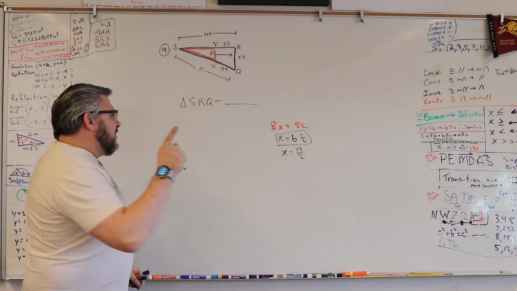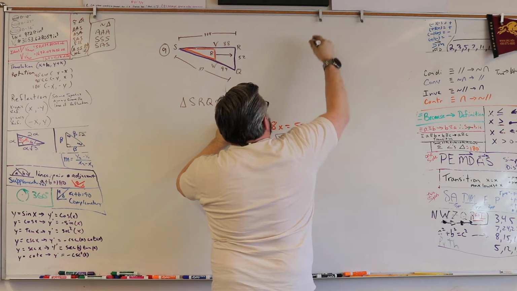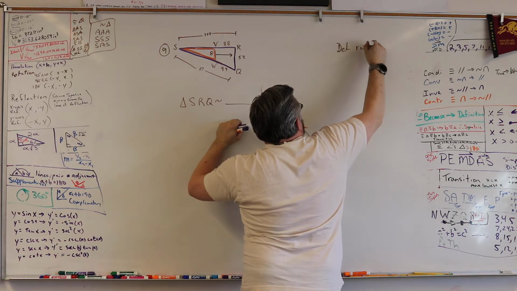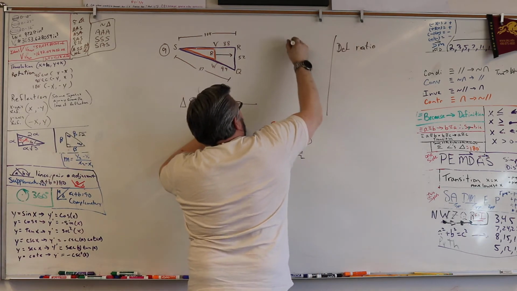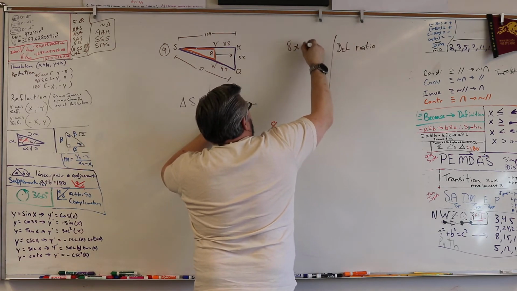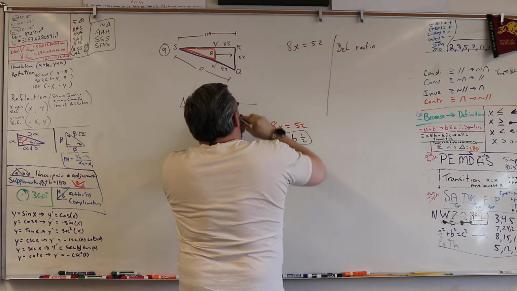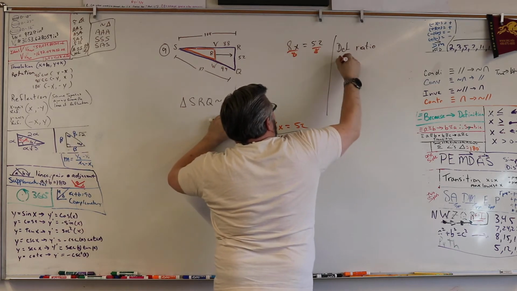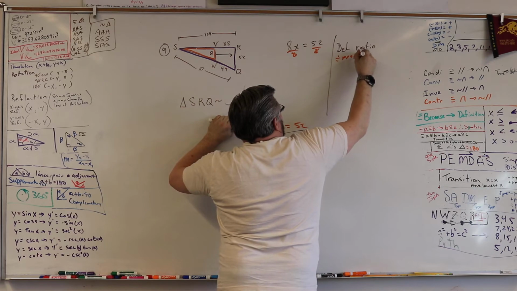Okay? So the first thing we did was we said, we're going to figure out the ratio. So the definition of a ratio tells us that we have 8x equals 52. And then we divided on both sides, and that's the division property of equality.